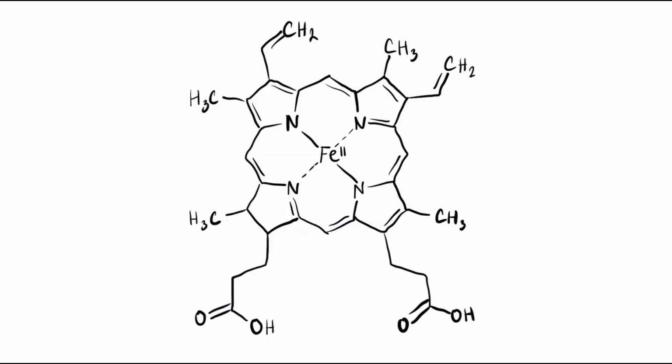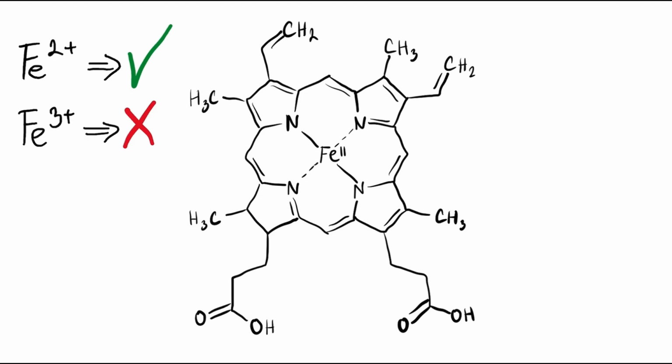This is a closer structure of the heme, which was the green structure on the previous slide. What's important here is that it needs to contain the iron ion in the middle in the oxidation state +2, because if it's in oxidative state +3, the heme is not able to carry oxygen.